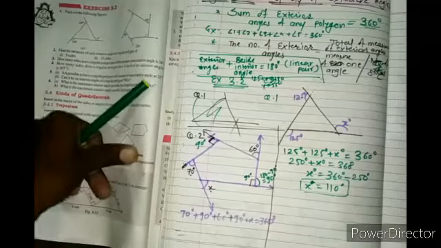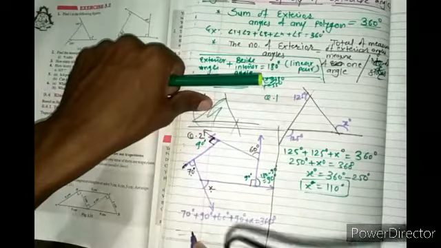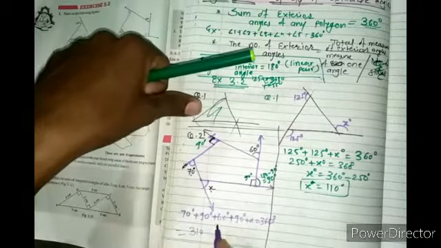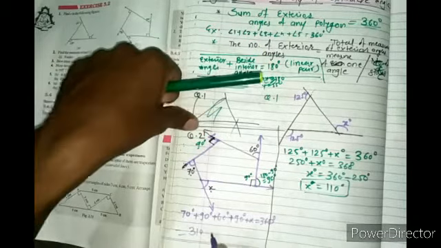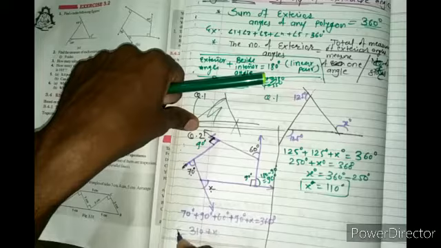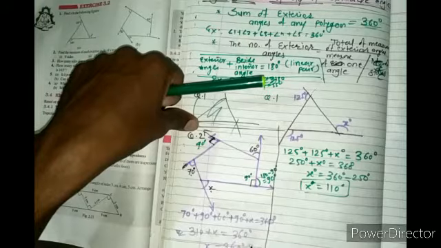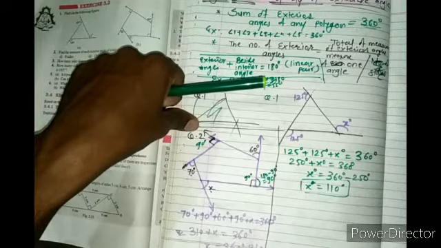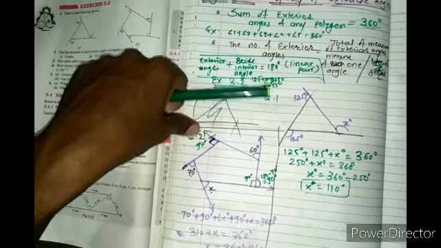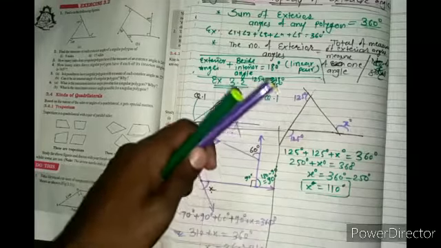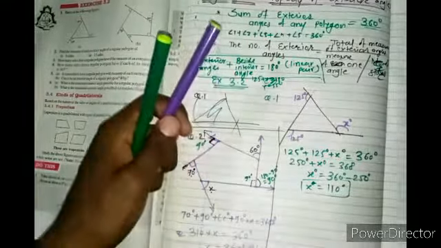Now this all sum is 310 plus x is equal to 360 degrees. x is equal to 360 degrees minus 310, is equal to 50 degrees is the answer. So in this way you can understand how to solve.